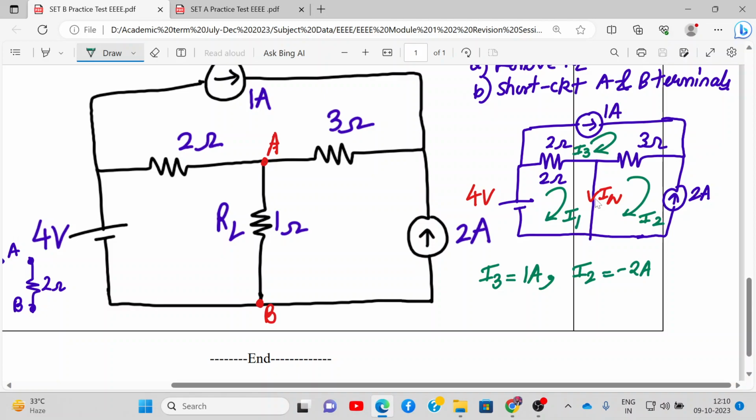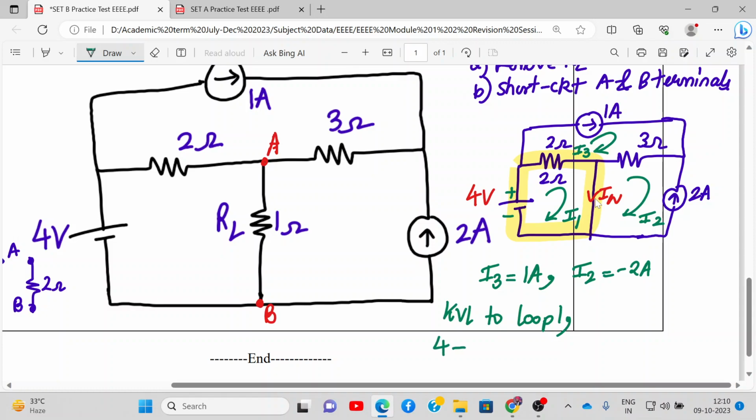And for I1, we need to apply KVL to loop number 1. So this is my loop number 1, and I need to apply KVL over here. We get minus plus, so there's a rise in potential.